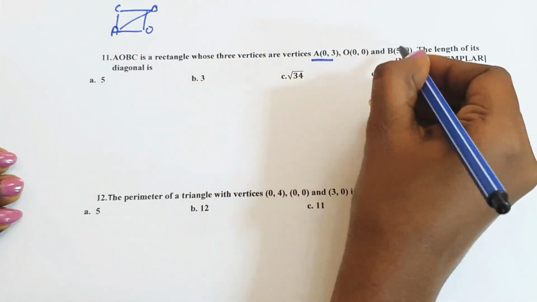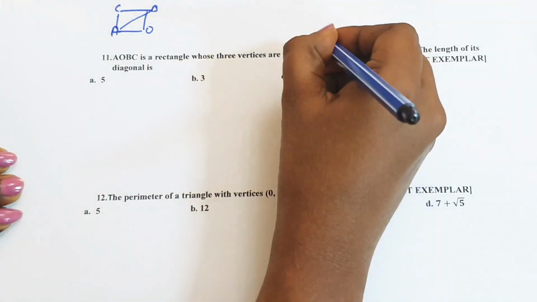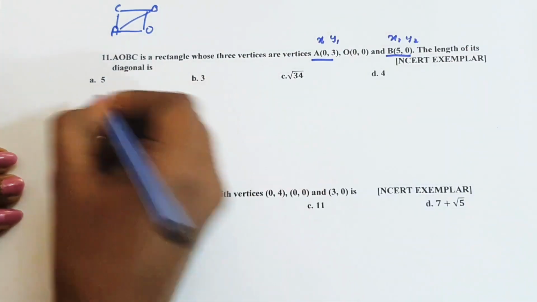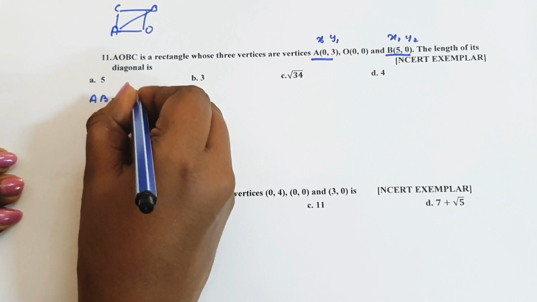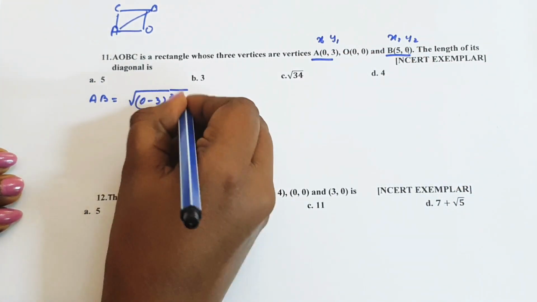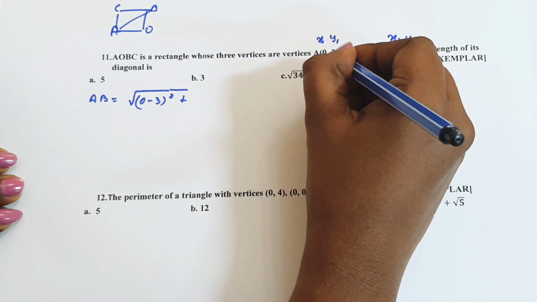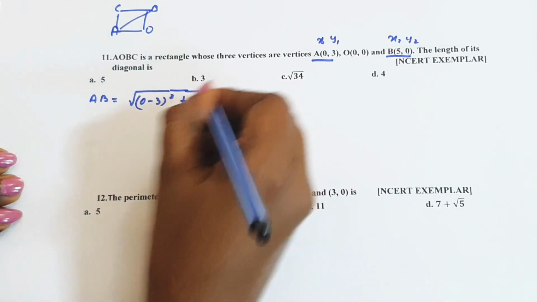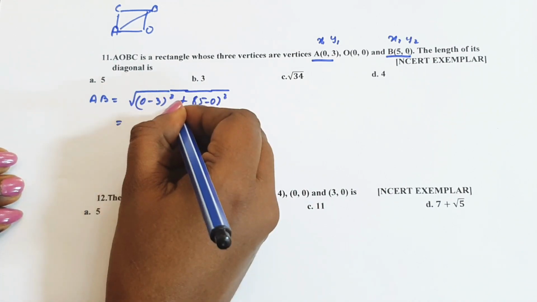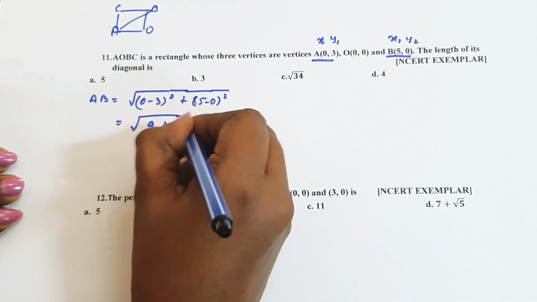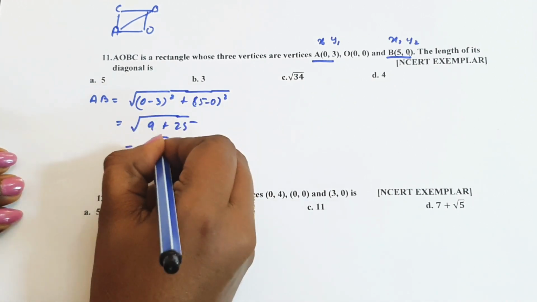So the distance formula of A and B: this is our x1, y1, this is our x2, y2. So the length of AB is nothing but the root of (y2 minus y1), (0 minus 3) the whole square, plus (x2 minus x1), (5 minus 0) the whole square. So that is equal to minus 3 the whole square is 9, plus 5 square is 25, which is root of 34.